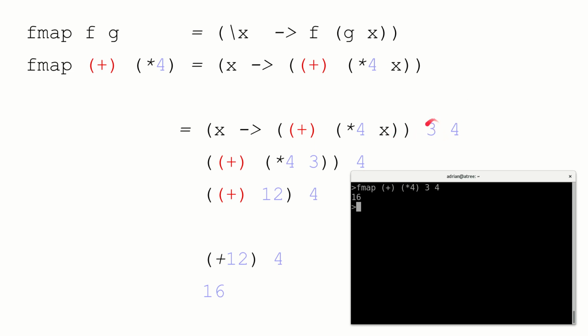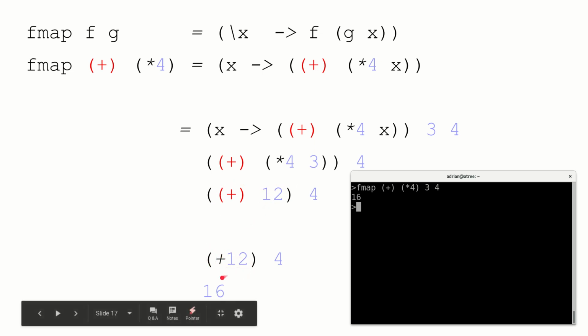We take our 3, we pass that in. So the 3 times 4 function with the 3 breaks down to 12. Partially applied, we have our plus 12 function. We give that the value 4, and we get 16 back.